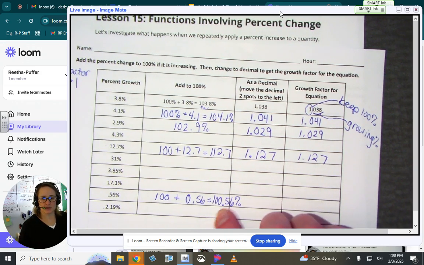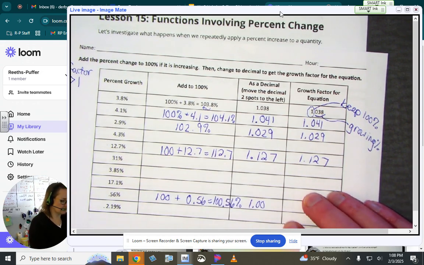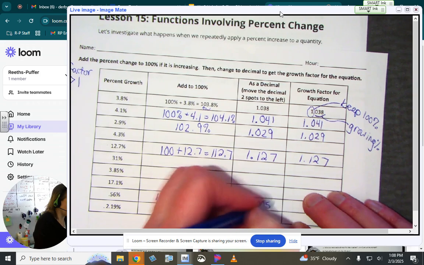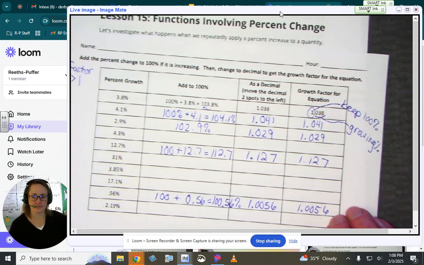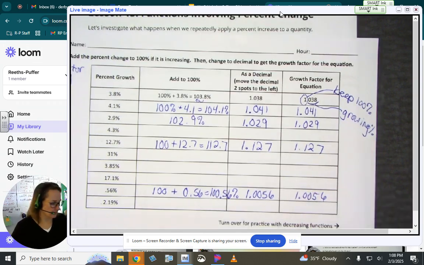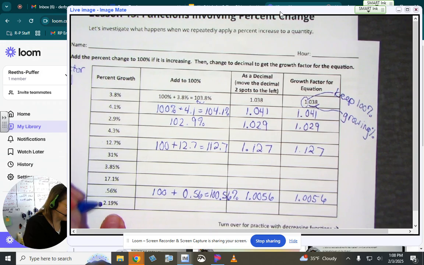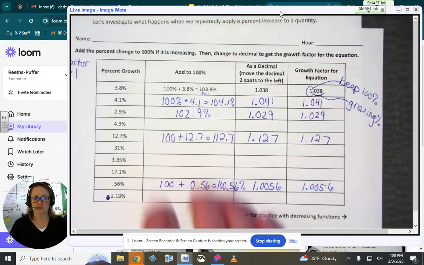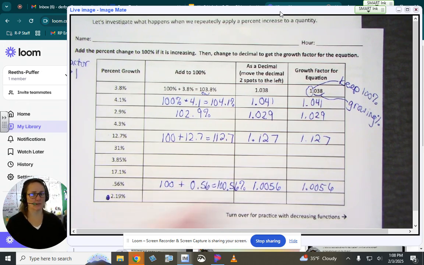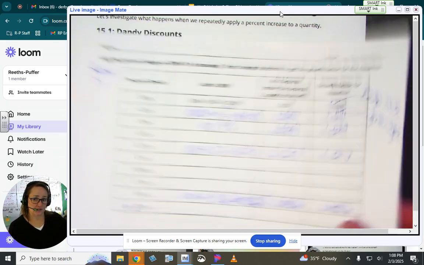Move that decimal point 2 places, 1.0056. And there we go. Now this one looks like it just printed off with an extra decimal point in front. So that is not the decimal point. It's 2.19%. Keep on filling out the rest of this. I'm going to do a couple examples on the back side. And then you should hit pause to finish off this paper.